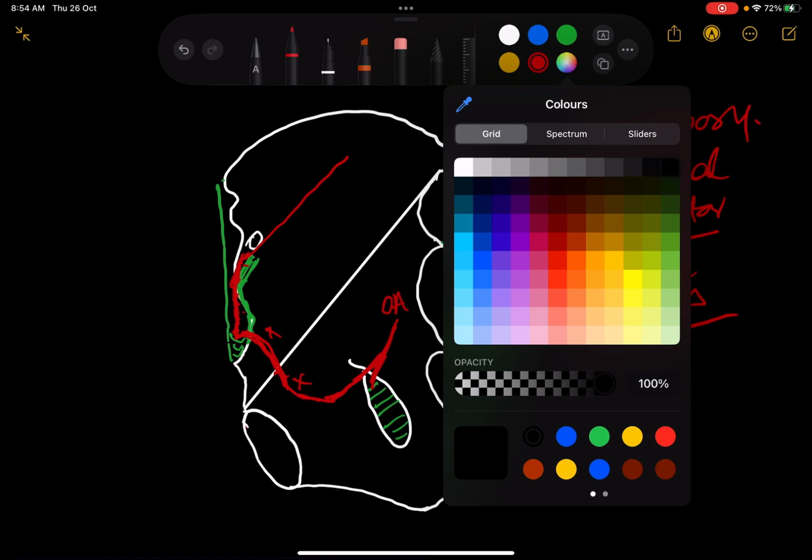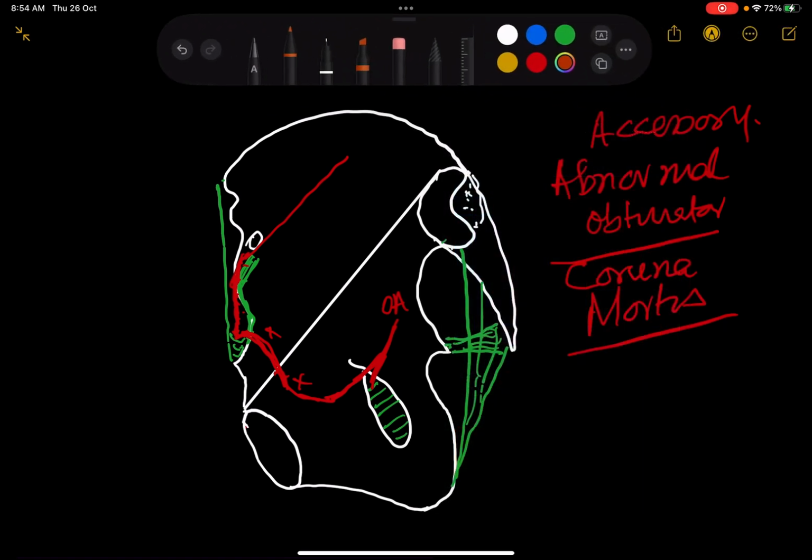Now we will place the major muscles. From the sacrum, going out from the greater sciatic notch, is the piriformis. We'll color it like this. So this is the piriformis.